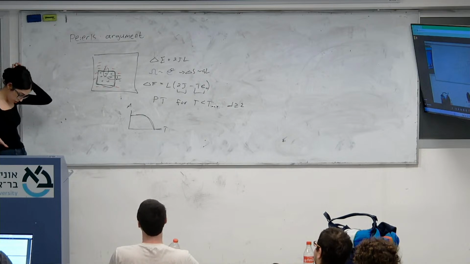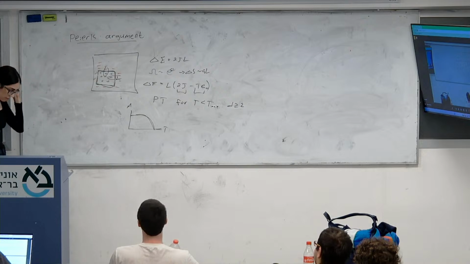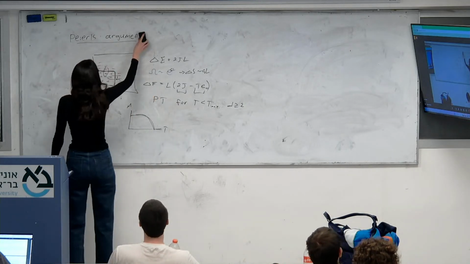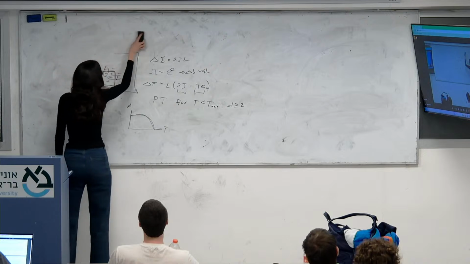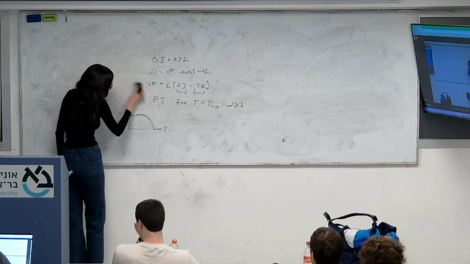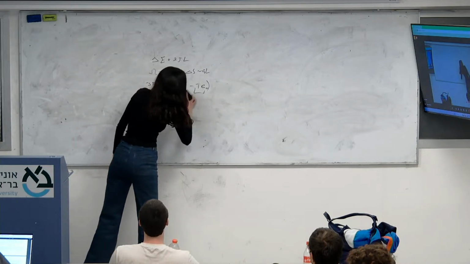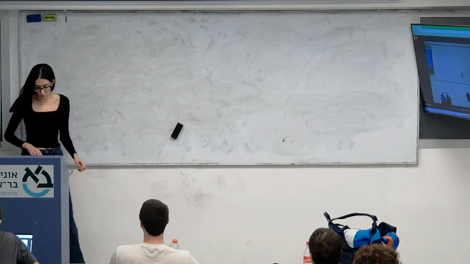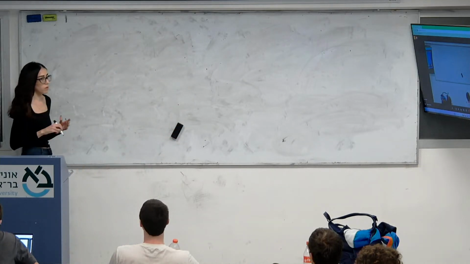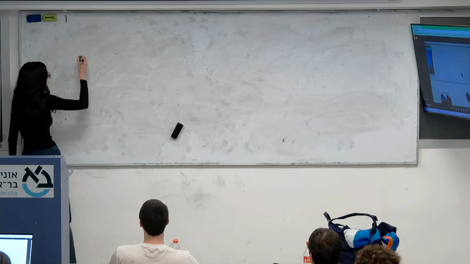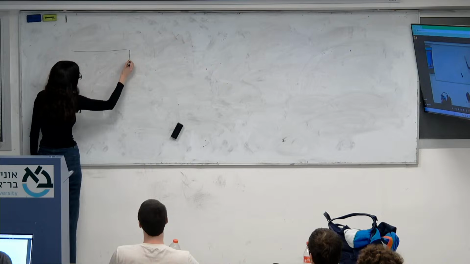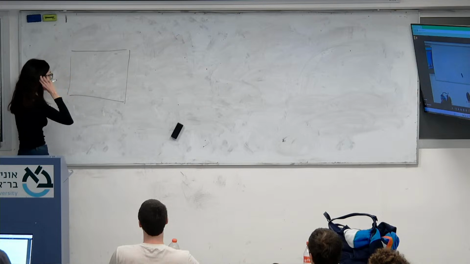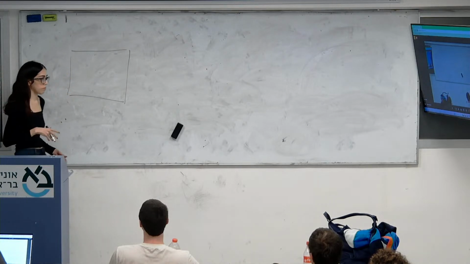Okay, so for the last and maybe most interesting type of model, let's look at what happens when I add an external magnetic field. So let's say I have a random magnetic field.